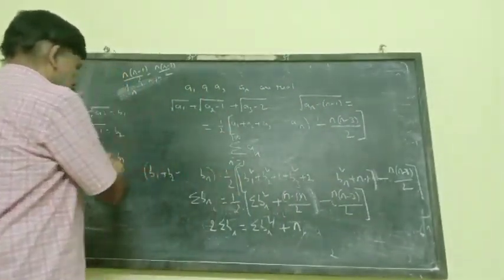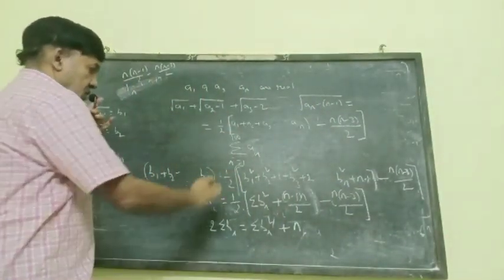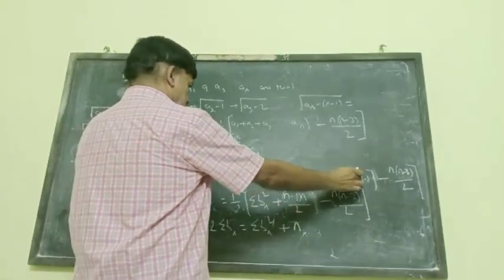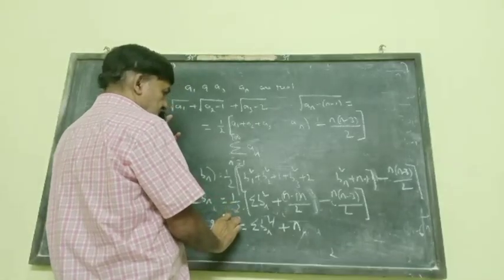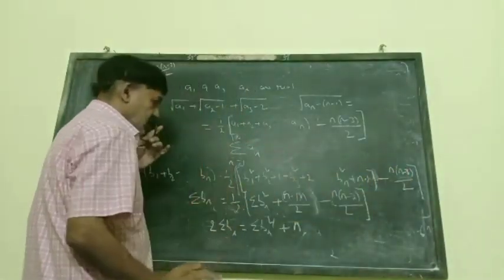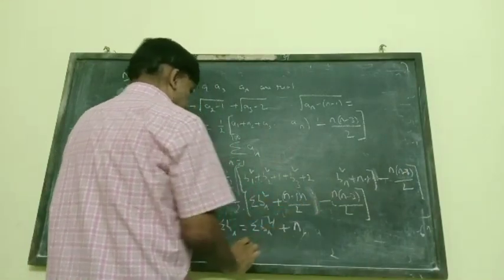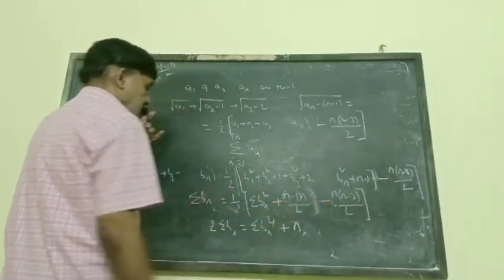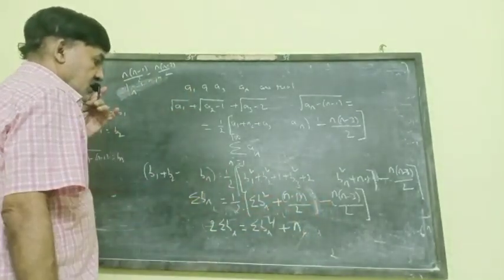So as usual we can call like this. 1 by 2 into b1 square, b2 square, b3 square like this. 1 by 2 is outside. This also will have 1 by 2 outside. You simplify this. You will get what? This entire thing will become n. You will get like this.